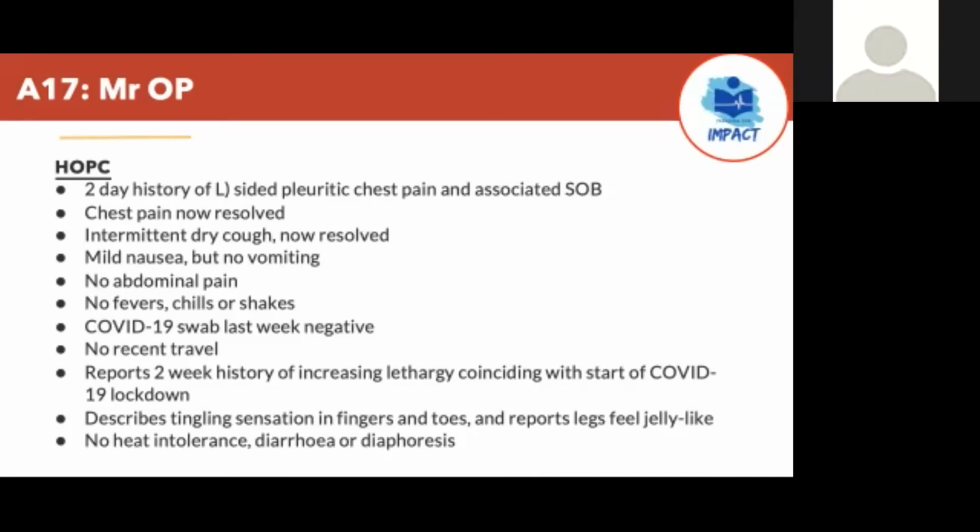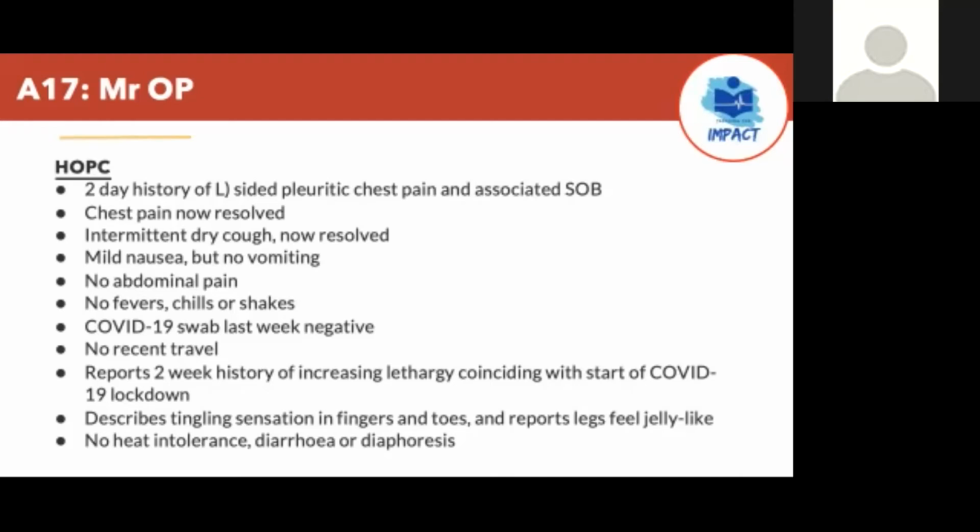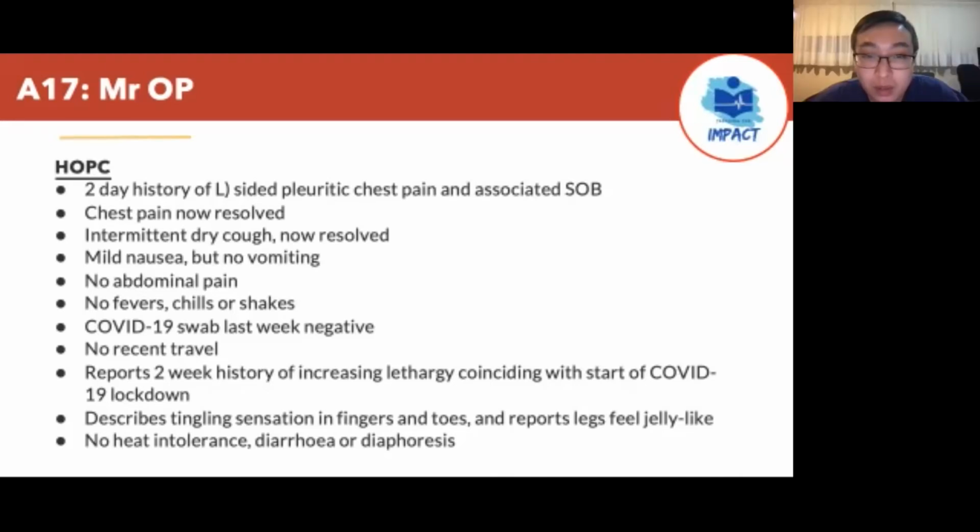Just thinking about the lethargy and the pleuritic chest pain. Yeah, yeah. No reported unexplained weight loss. No night sweats. Yeah, it could be just an upper respiratory tract infection. But overall, we're not too concerned.